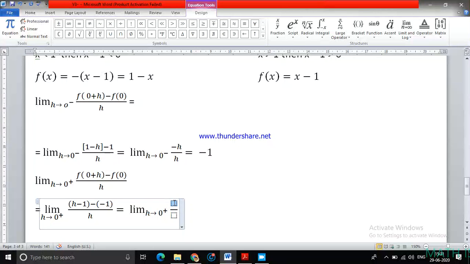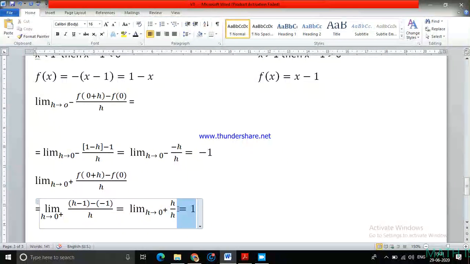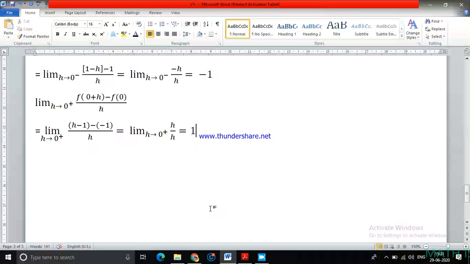Finally I end with h upon h, so my answer is going to be 1. If you see the left derivative, you got the answer minus 1, and the right derivative answer is plus 1. So the left derivative is not equal to the right derivative, and f is not differentiable.